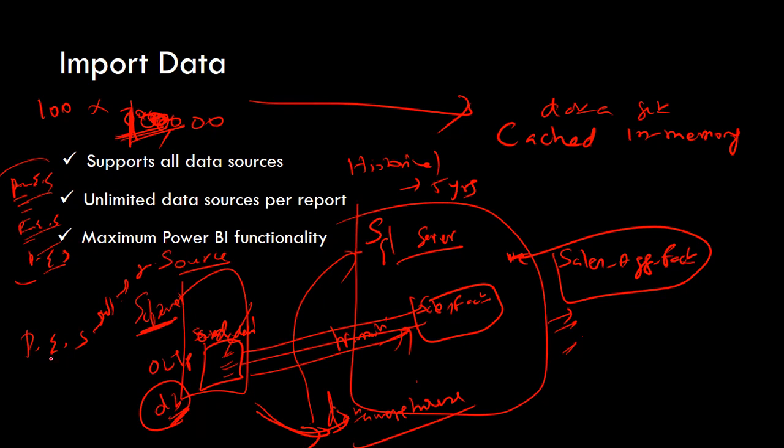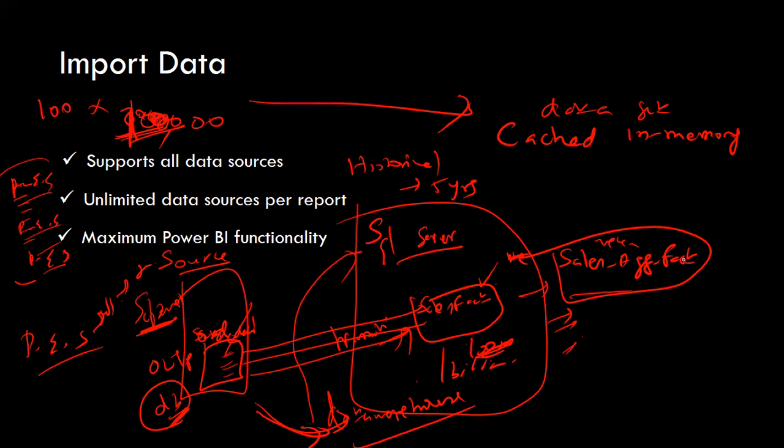So in this case, since you are storing only the aggregated values here, the volume of the data is very less compared to your sales fact table. For example, your sales fact table has 100 million records, or 1 billion records. But your weekly sales fact table will have 12 months into 4 weeks, right?